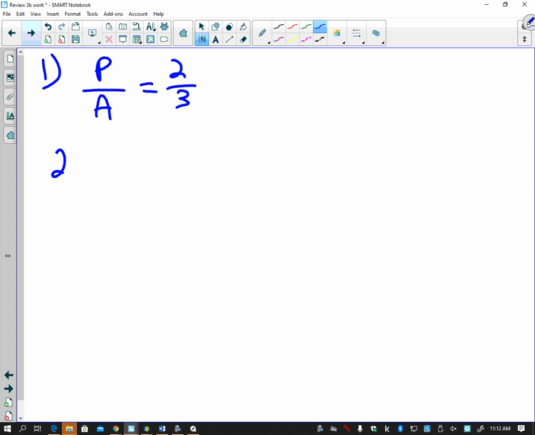I'm going to go ahead and rewrite this as 2a equals 3p. Does that make sense? Do we know how I got that? Okay. All right, then they give you another equation. They said if their combined total was 85, that means P plus A equals 85.